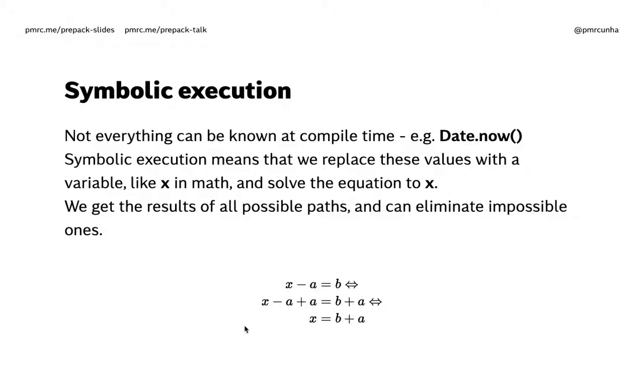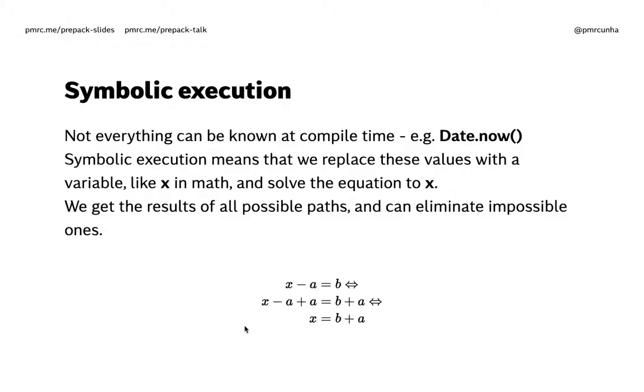Another thing it does is symbolic execution. This is basically how they handle everything that cannot be known at compile time. So for example, if you're calling Date.now, obviously the date when you build your code is not exactly relevant. So what symbolic execution does, it's going to analyze your code just like you would do with a math function, where you solve it to x being whatever is unknown in this case.